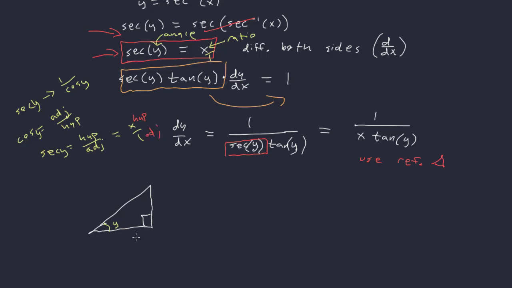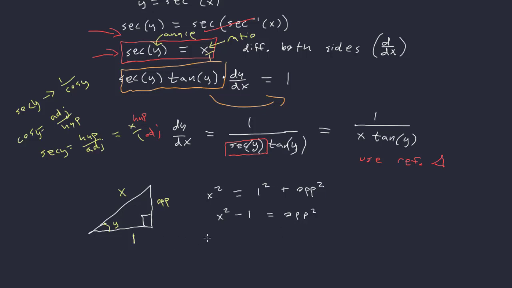So 1 is the side adjacent, x is the hypotenuse, and now we need to find this side opposite, which again we do with our good friend the Pythagorean theorem. So x squared is going to be equal to 1 squared plus the side opposite squared. All right, so we'll move these things around.